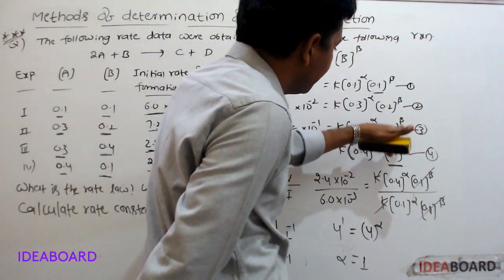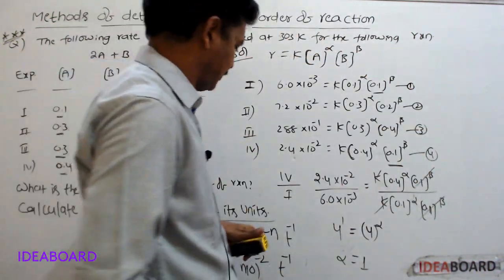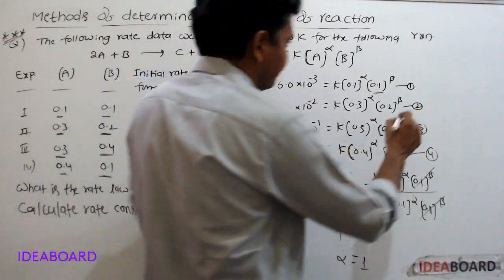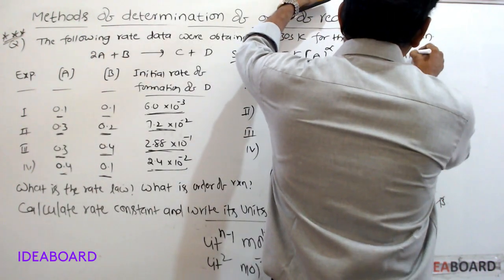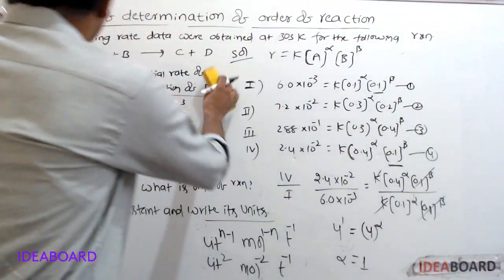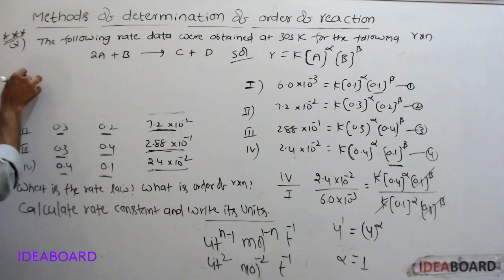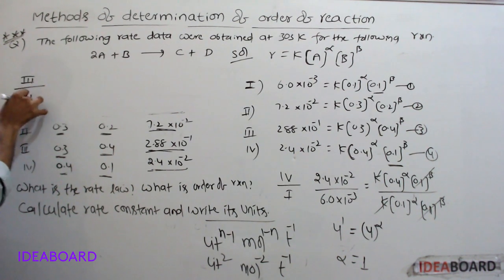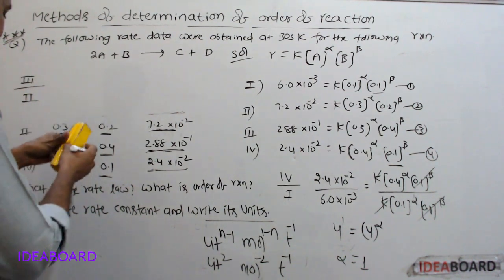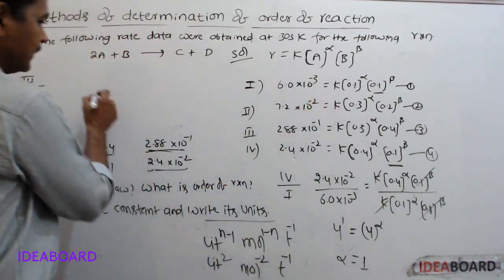To calculate this beta value, I am taking 3 by 2. Here I have taken 4 by 1, now I am taking 3 by 2, third experiment divided by second experiment.